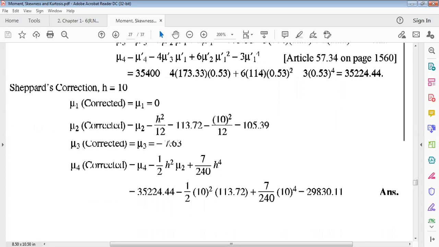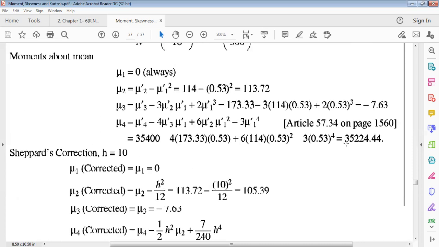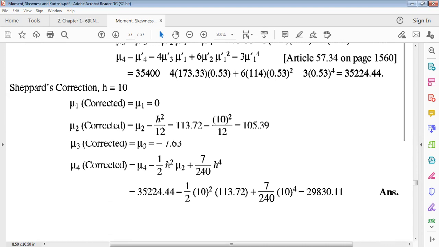And mu3 will not be corrected, the same value for you, and mu4 will be mu4 minus half a square mu2, the second corrected moment, plus 7 by 240 a to the power 4. Just put in the values of mu4 from above, mu4 will be this. Okay, these values are the fourth corrected moment, and a equals what? 10, and mu2 what?